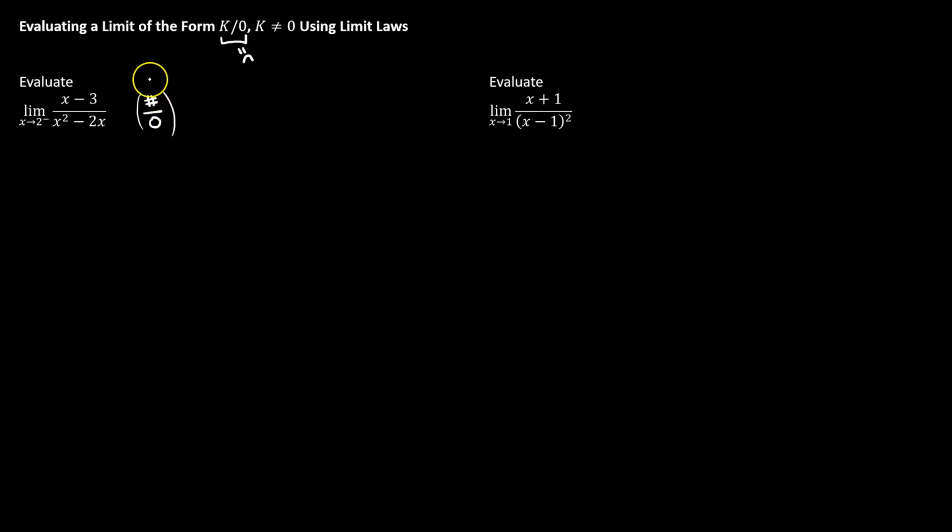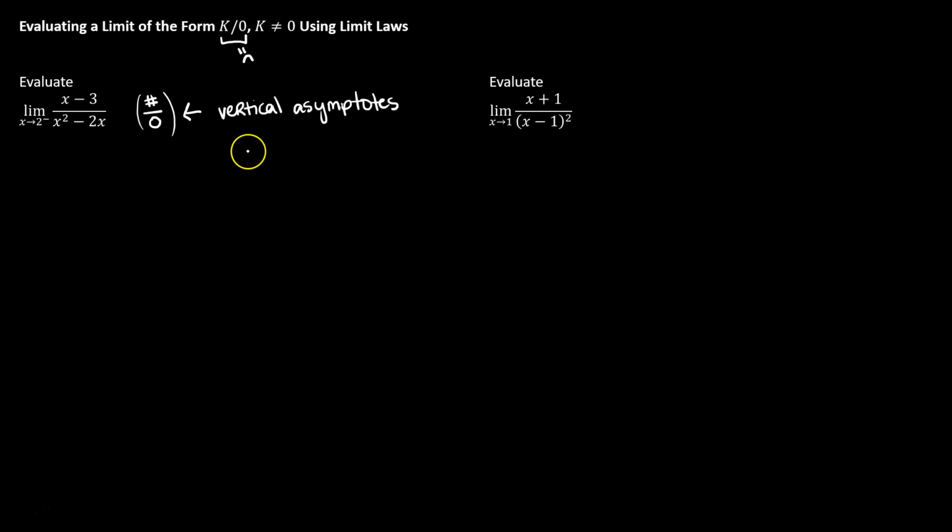The first thing I want to do is remember that we have seen something like this before. A number on top, 0 on bottom. I want you to think about vertical asymptotes. When we had vertical asymptotes, it was from a rational function where the denominator was equal to 0 at that spot.